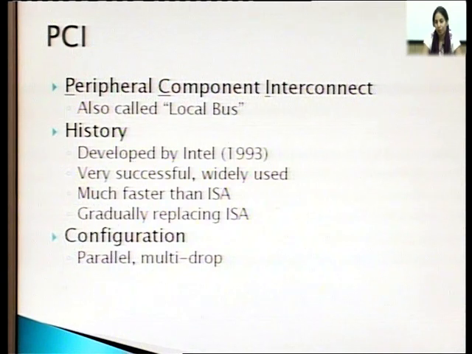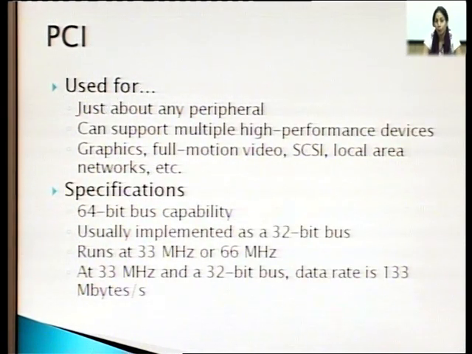Configuration is the same, parallel in multi-drop form. It is used for just about any peripheral and can support multiple high performance devices: graphics, full motion video, SCSI, local area networks, etc. The specifications of PCI slots: 16-bit bus compatibility, usually implemented as a 32-bit bus running at 33 megahertz.